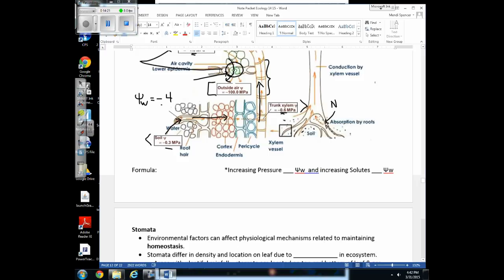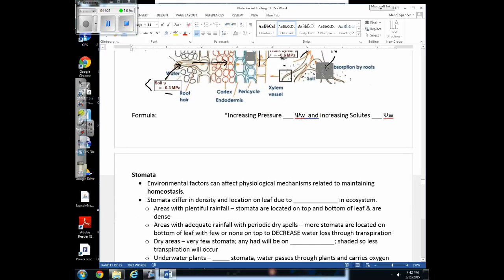Remember that there are two factors in water potential: there's pressure and there's solute. To review, if you increase pressure potential, then you're going to increase water potential. So think of a syringe: if you push in that stopper and increase the pressure in that syringe, the water is going to shoot out.